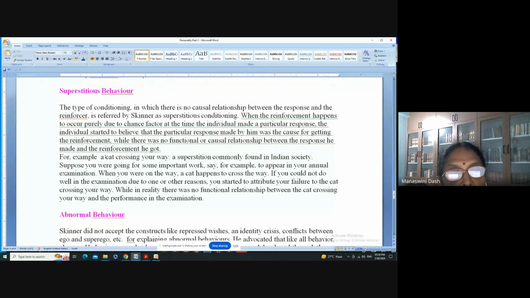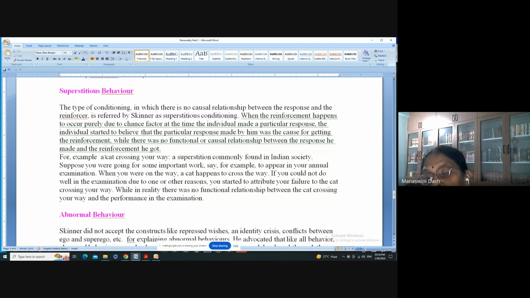If you could not do well in the examination due to one reason or another, you started to believe that your failure in the examination was due to the cat crossing your way. While in reality, there was no functional relationship between the cat crossing your way and the performance in the examination.